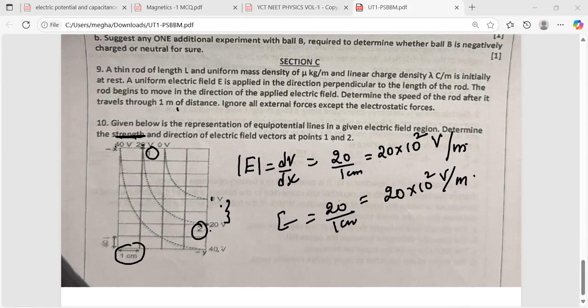Now, 1 centimeter from the y-axis, this is 1 centimeter, this is 1 centimeter, so that is 2 centimeter from the y-axis. If you take 20 by 2 centimeters, that will be equal to 10 into 10 power 2 volt per meter. So you have to check from where it is being asked.